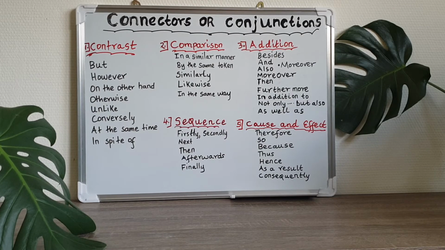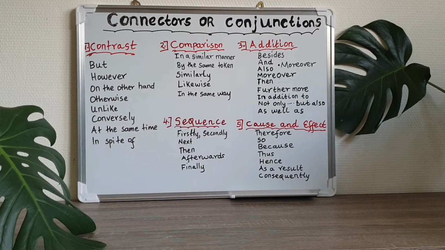Okay? Now, let's move on to the next category, and that is addition. What these connectors do is that they help you to put two or three ideas together, but this time you are not contrasting them, you are not comparing them, okay?